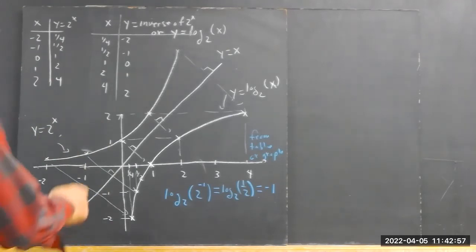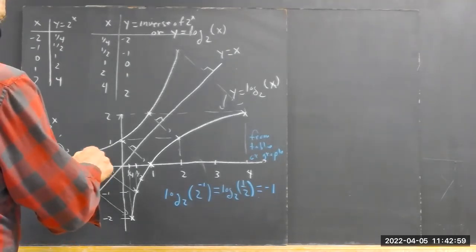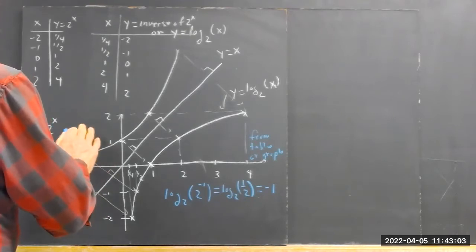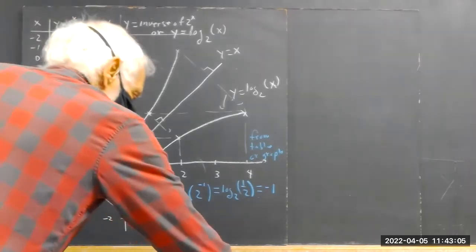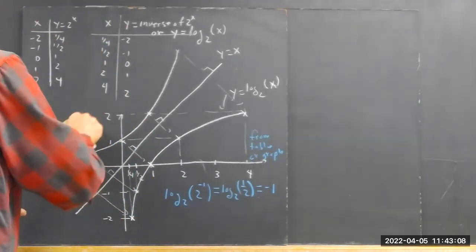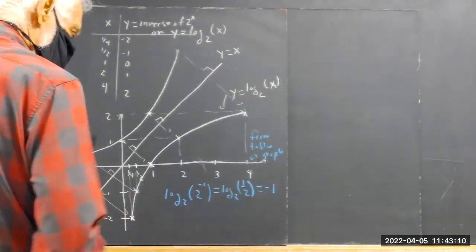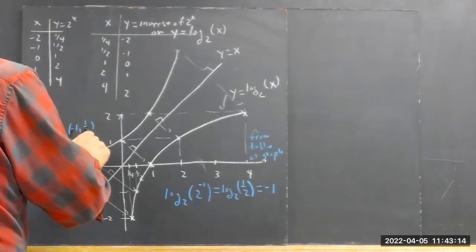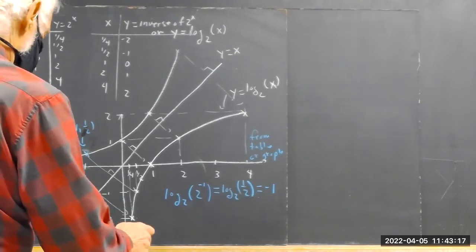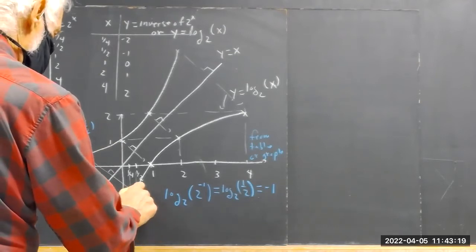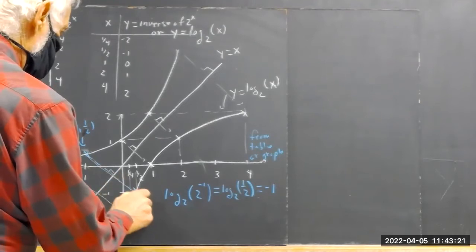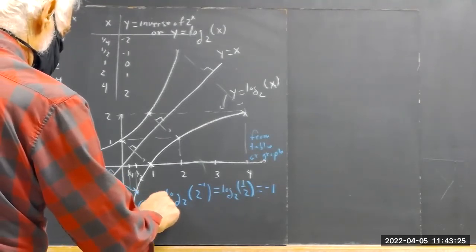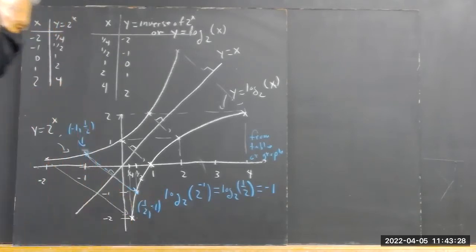Also, you can see that you have the point (-1, 1/2) on the exponential graph, and of course, that corresponds to the point (1/2, -1) on the log graph.